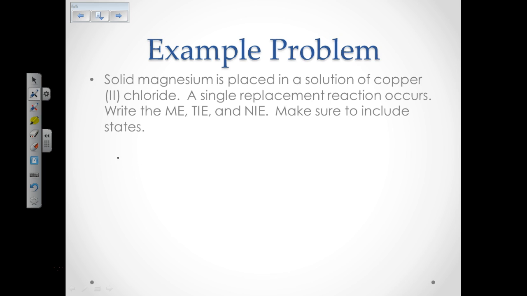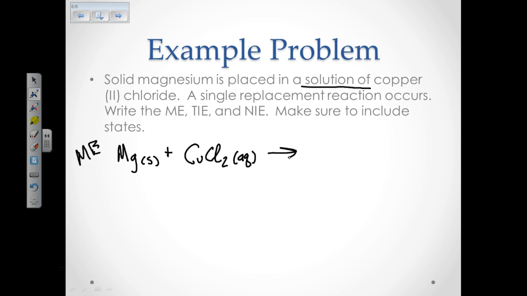Solid magnesium. So if I'm going to write the molecular equation, that's magnesium, and that's with an S, plus copper 2 chloride, so that's CuCl2, and it says a solution of, we're used to seeing aqueous, but a solution of copper 2 chloride also indicates that it's aqueous.